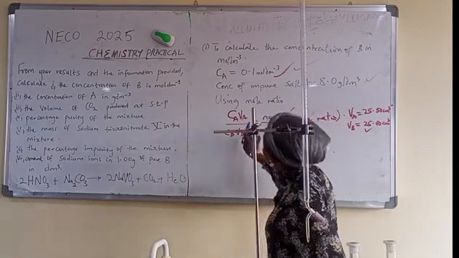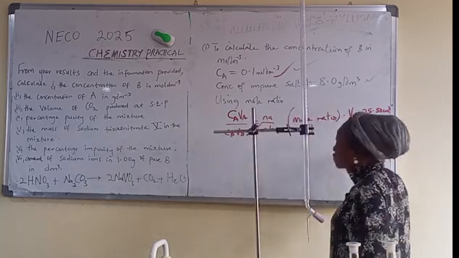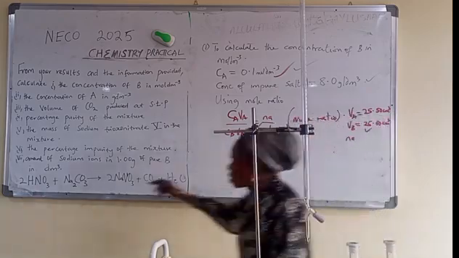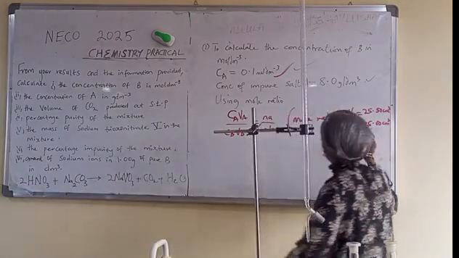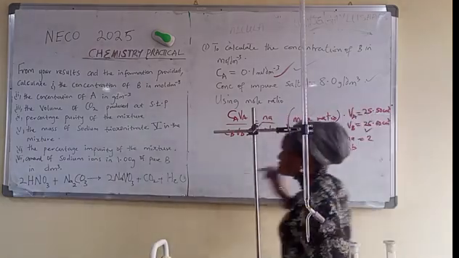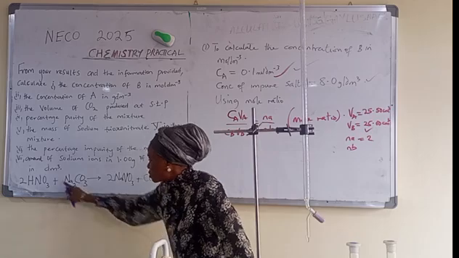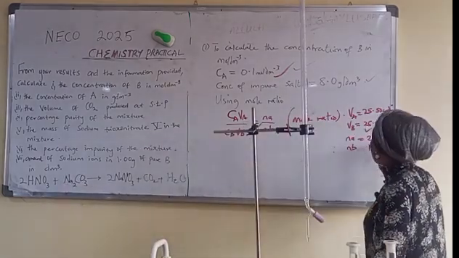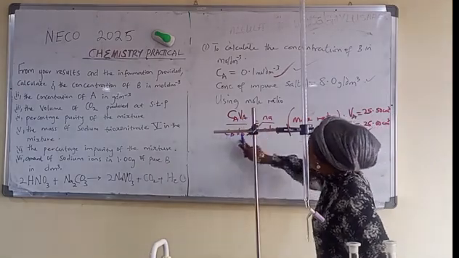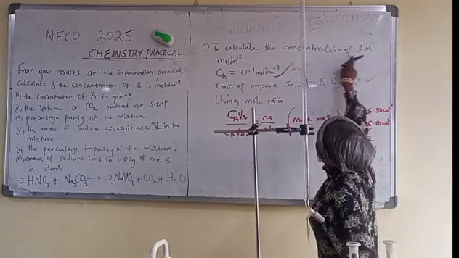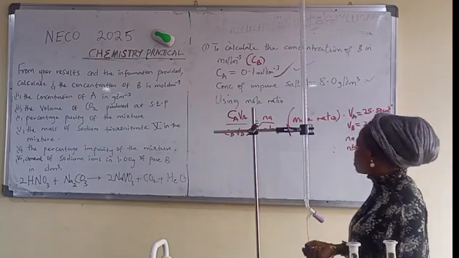From your equation of reaction, you have your NA. This is your acid, so this is NA, which is 2. Then your NB is 1. You know everything except CB, because the concentration of B is CB, what you are calculating.